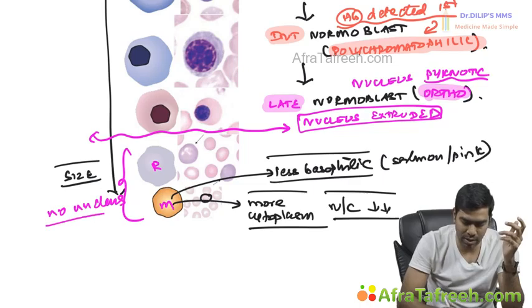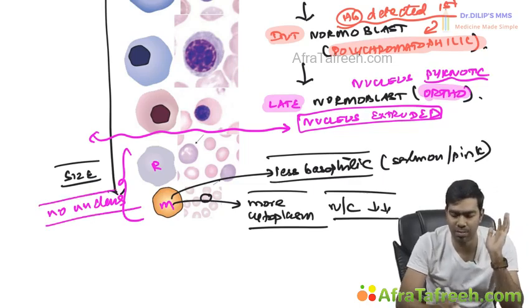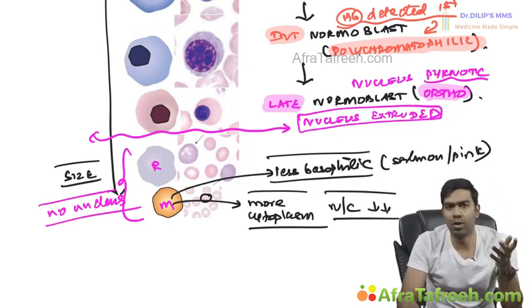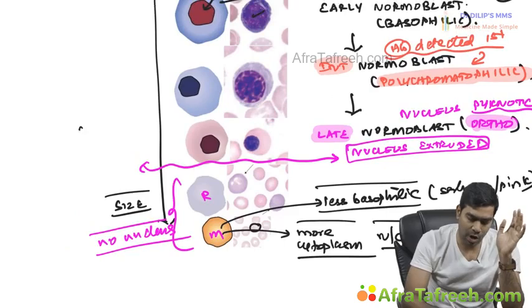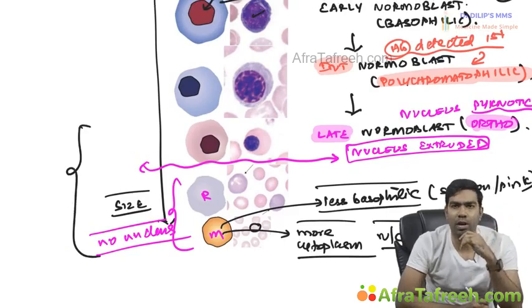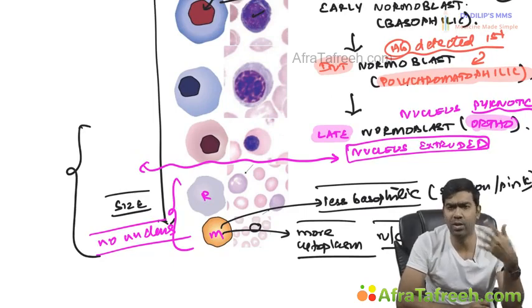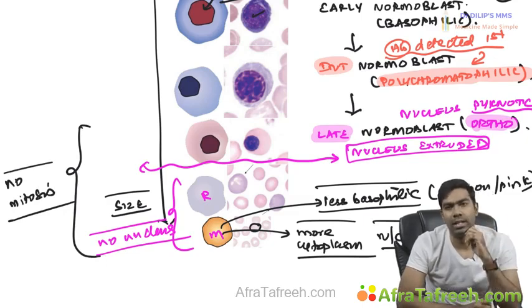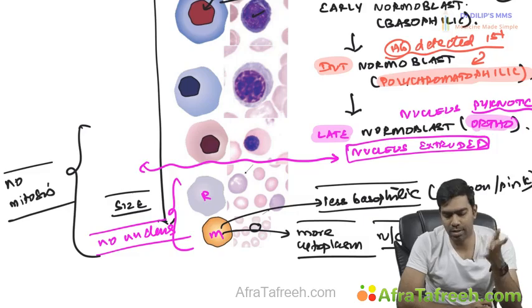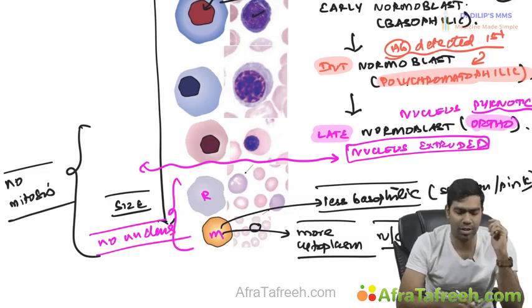Very, very important point. If there is no nucleus, no replication, which means in all these three, since the nucleus becomes pyknotic in the late normoblast stage, and the reticulocyte and mature RBCs generally do not contain a nucleus at all, no mitosis, which means no cell division is possible in these three stages: late normoblast, reticulocyte and mature RBC stage.